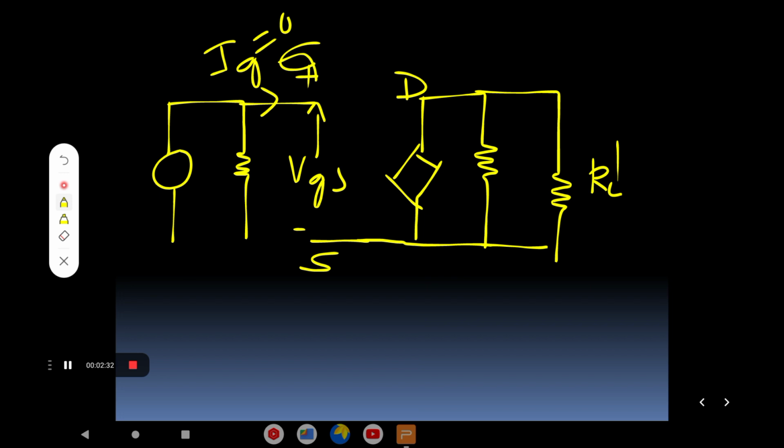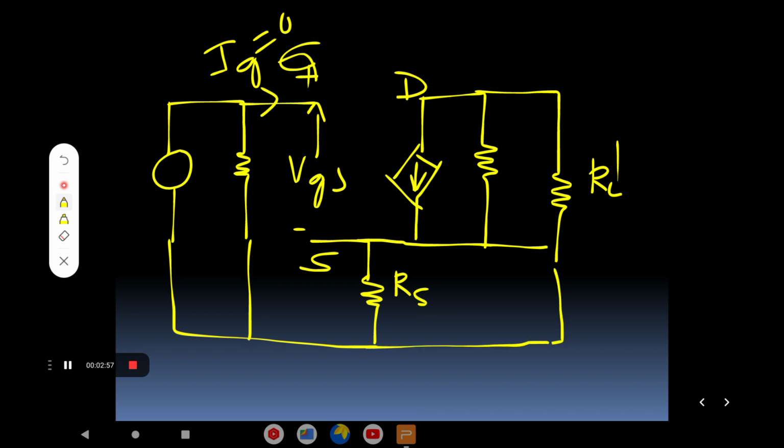Now, at the source terminal, previously there was a bypass capacitor that could be short circuited. Here we don't have any bypass capacitor, so obviously some resistance is present. Therefore, that resistance value can be represented as RS. So this is the small signal model for this case.